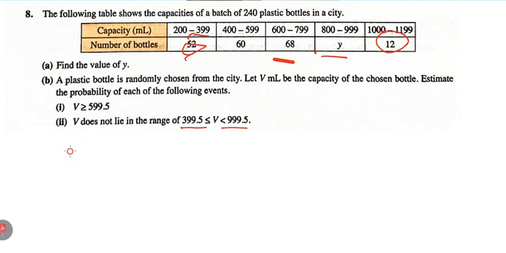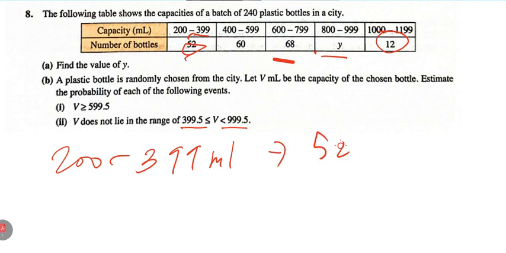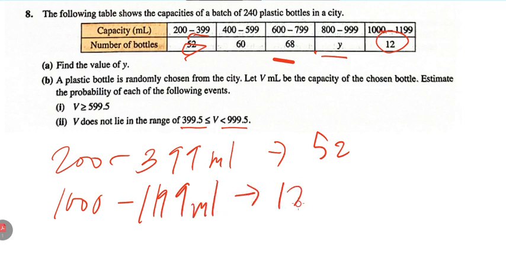So let's write that out here. We have 200 to 399 ml, that's about 52. Sorry for the mix-up in the numbers. And for 1000 to 1199 ml, that's roughly 12.